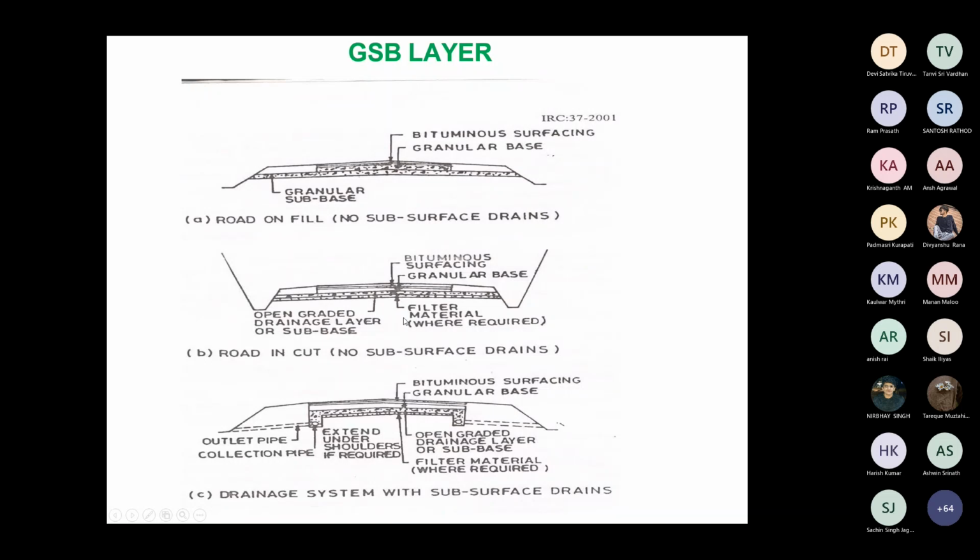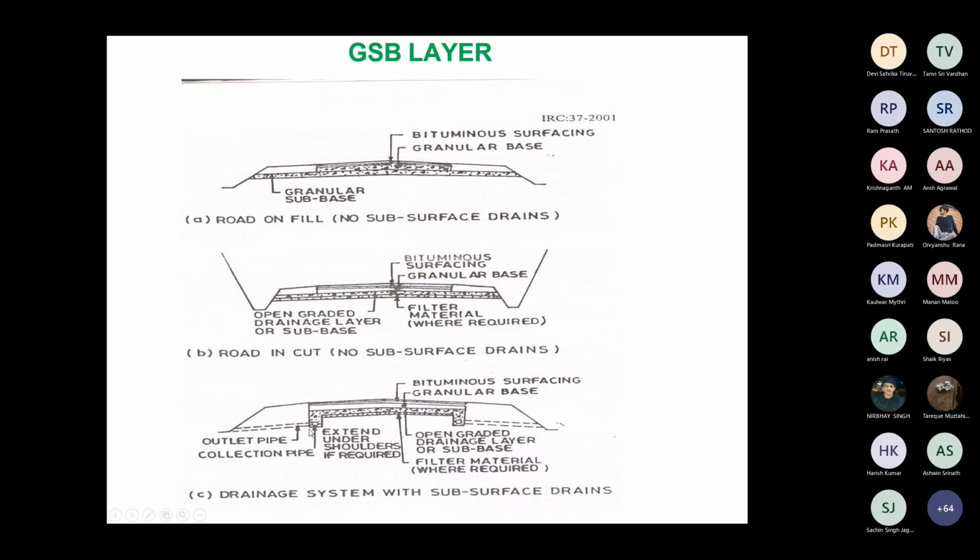The bottom layer is a filter material where required, which won't allow the subgrade fine particles to mix with the base material. The top layer is an open graded drainage layer, which exclusively serves the purpose of drainage. And the third figure is a drainage system with subsurface drains.